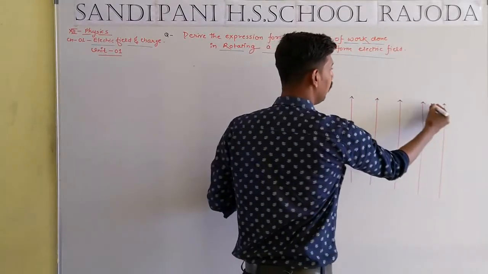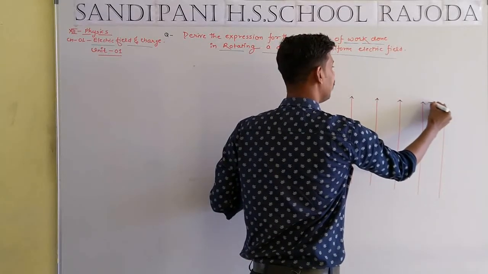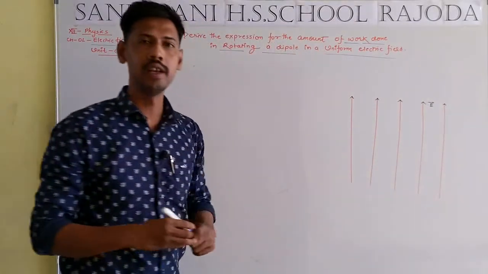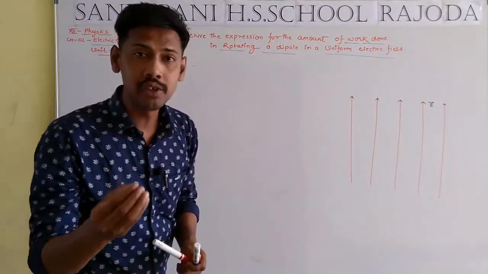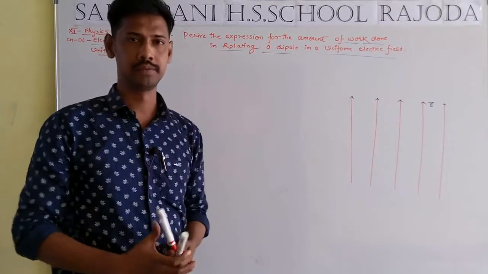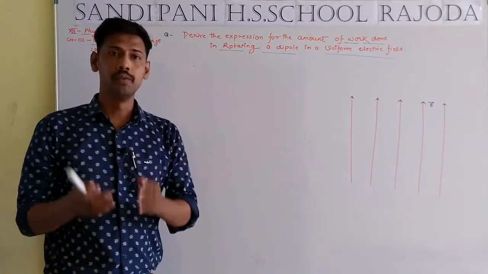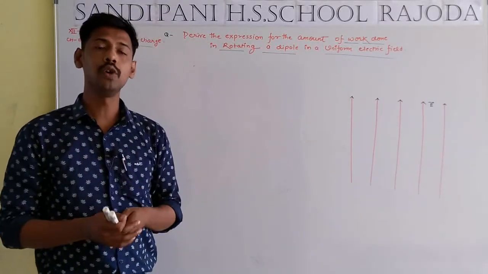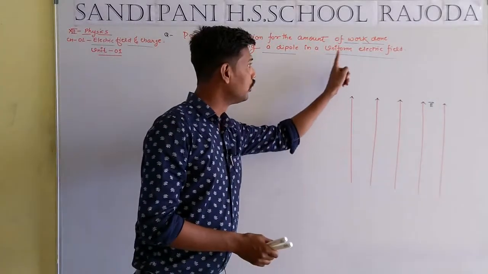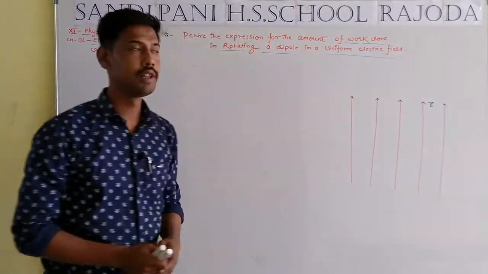So we take vector E. What is the meaning of vector E, students? Vector E means intensity of electric field. I hope you understand. Uniform electric field is defined by the picture.